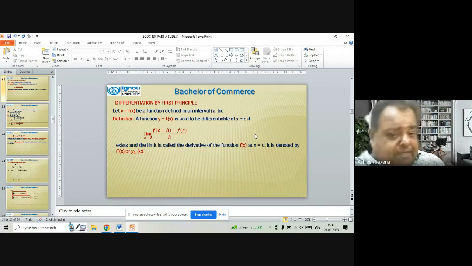It is denoted by dy/dx, f'(x), or y1(c). These are the different notations for showing the derivative. First one is dy/dx, second one is f'(x), and the third one is y1(c).